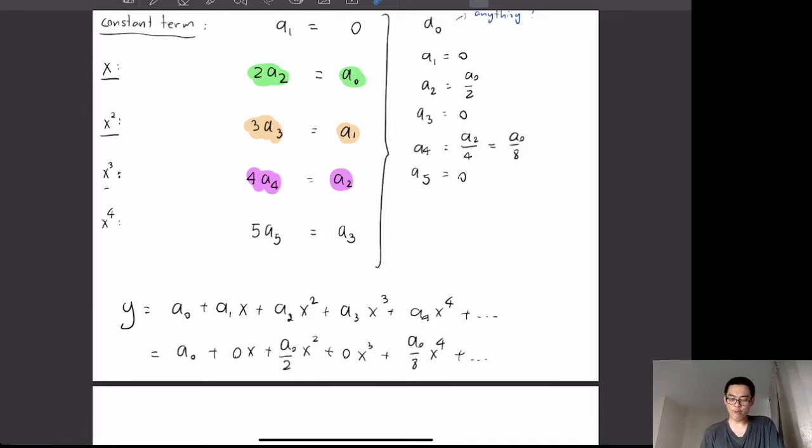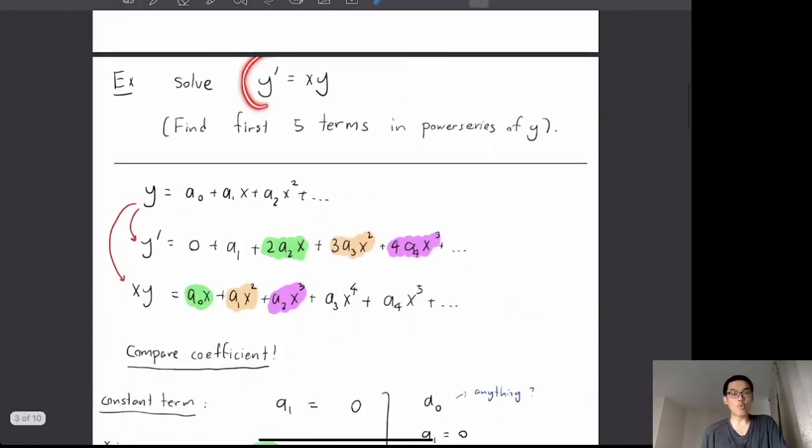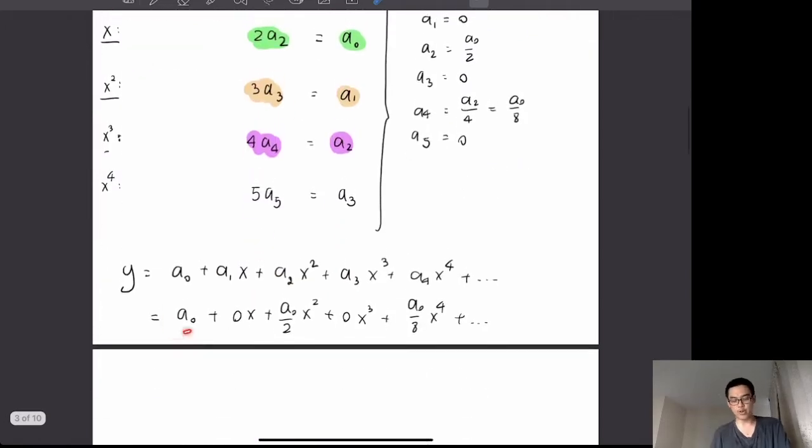Like remember when you have y prime, you do something, you get c. If you do y double prime, you can have c1, c2. If you do y triple prime, you get c1, c2, c3. So the number of constants you have will depend on the order of the differential equation. Now you have order 1, so you can have only one constant. So everything should be rewritten in terms of a0.